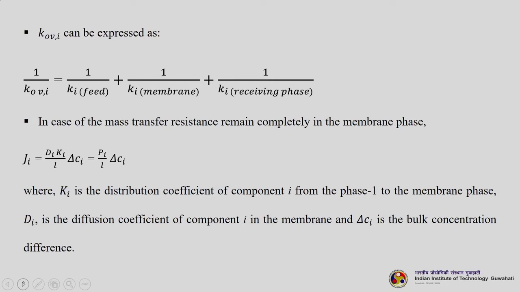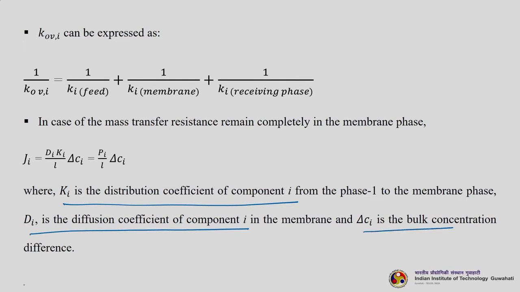If the mass transfer resistance remains completely in the membrane phase, you can write Ji equals di Ki by L delta Ci, or Pi by L delta Ci. Here Ki is the distribution coefficient of component i from phase 1 to the membrane phase, di is the diffusion coefficient of component i in the membrane, delta Ci is the bulk concentration difference, and L is the thickness of the membrane.